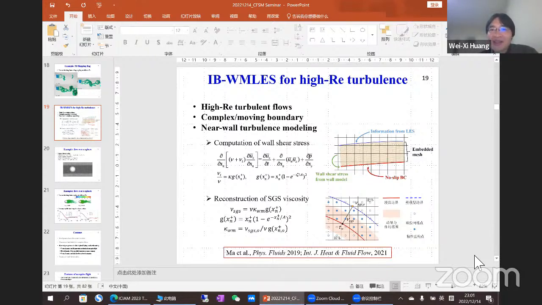So making an aircraft very close to the real one is still a big challenge.